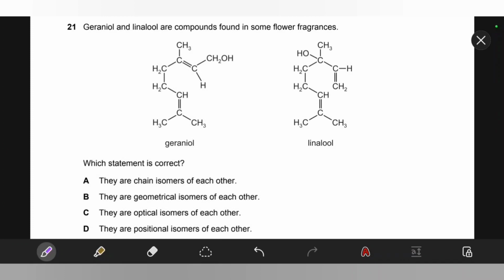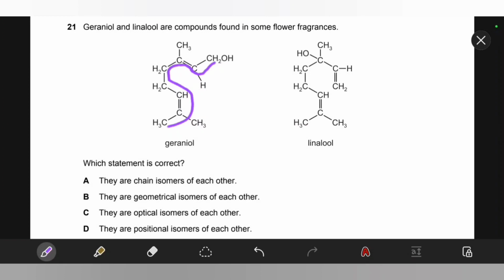Citronellol and linalool are compounds found in some flower fragrances. Which statement is correct? They are chain isomers of each other. Let's check if they're chain isomers. If the longest chain is different, then they should be chain isomers. So here is this chain till here.